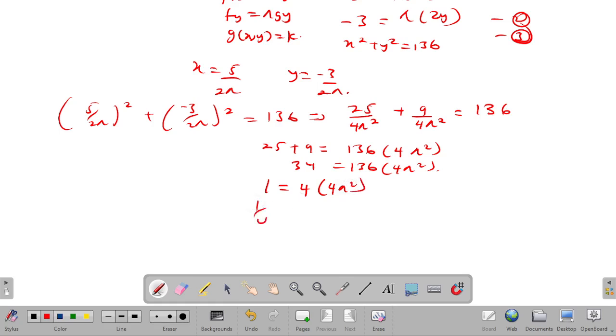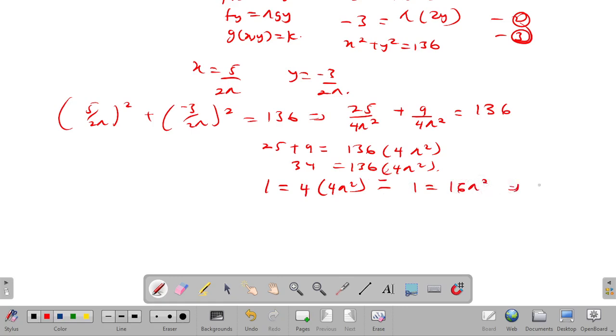That gives me 1 is equal to 16 lambda squared.